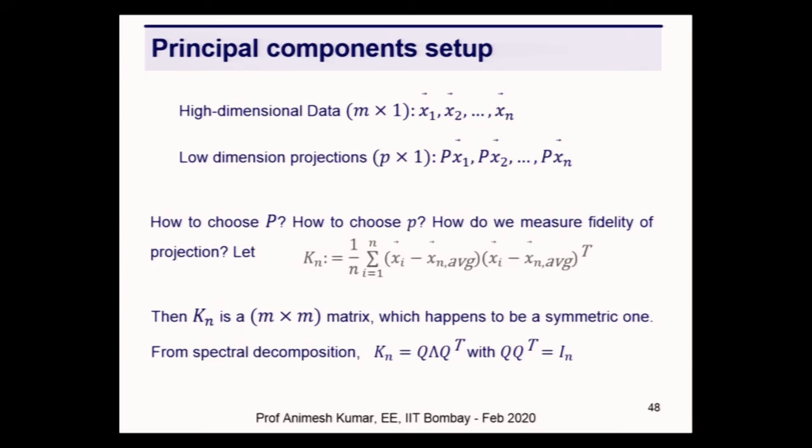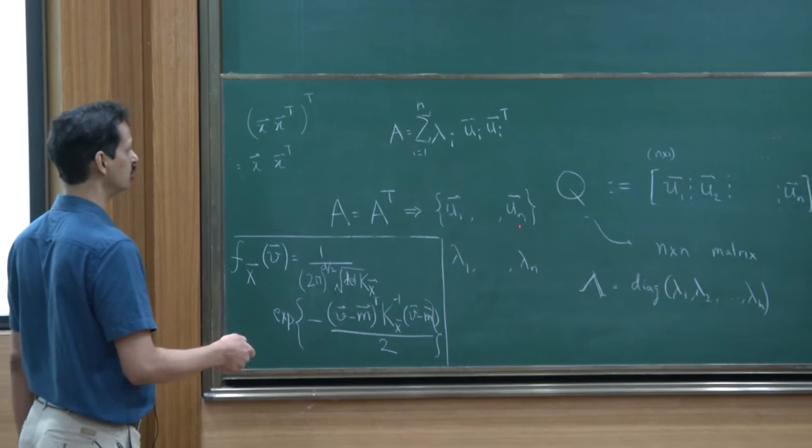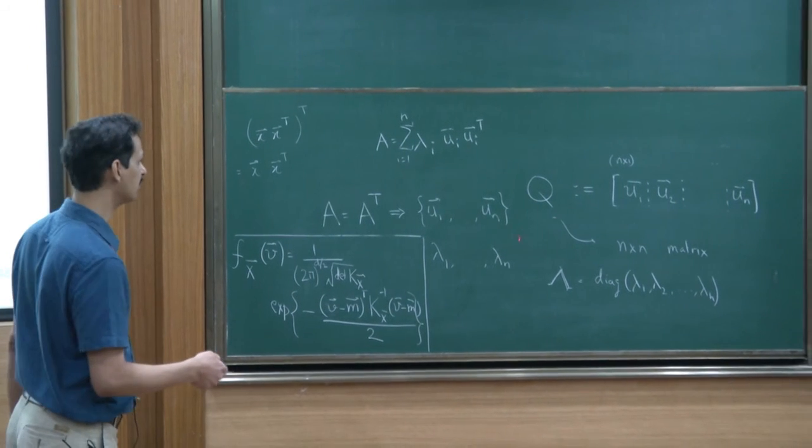And so therefore, from the spectral decomposition, meaning corresponding to eigenvalues and eigenvectors, whatever we had learned, we know that I can write down Kn as Q times lambda times Q transpose, where Q transpose Q is identity. So what is Q? Kn has the set of eigenvectors u1 to um, where m is the dimension now.